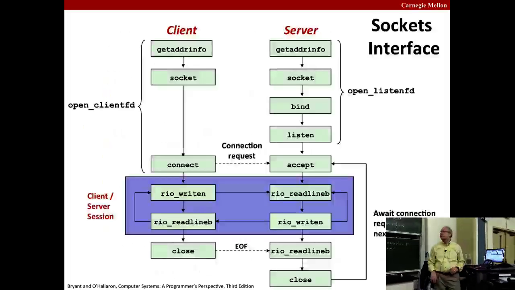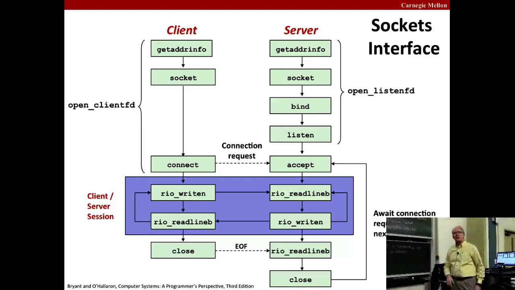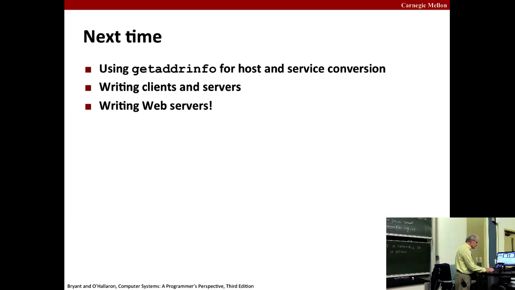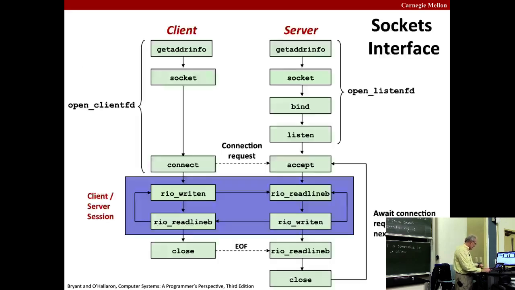Okay, and then during the actual communication, as I mentioned, it uses reads and writes to send and receive messages. That goes on for as long as, and according to whatever low-level protocol is being supported by this application. And then in the end, when the client is done, it closes the request.